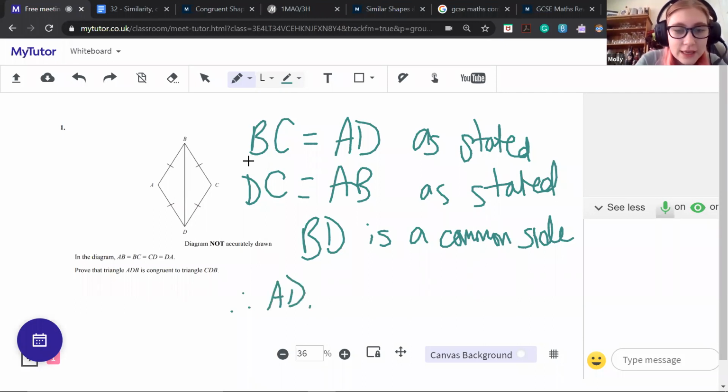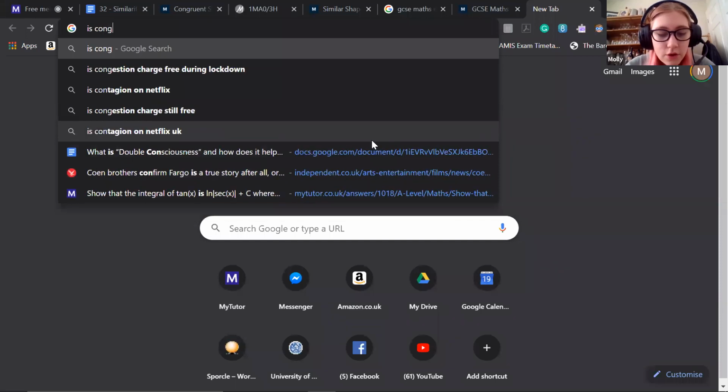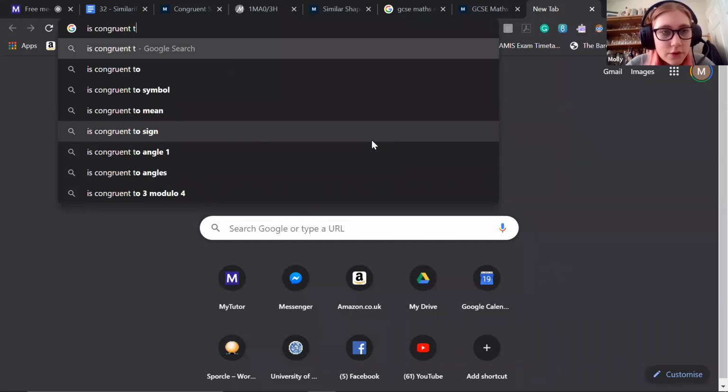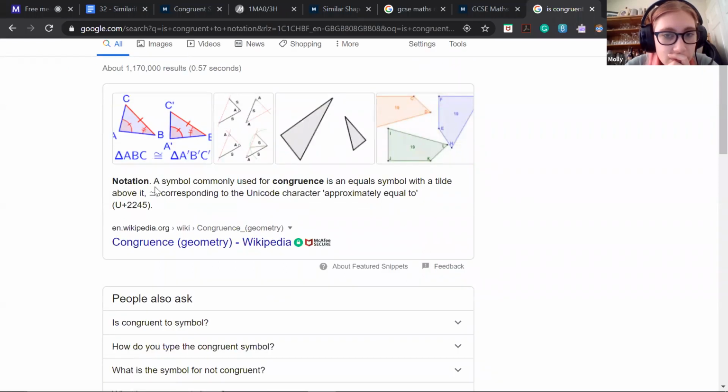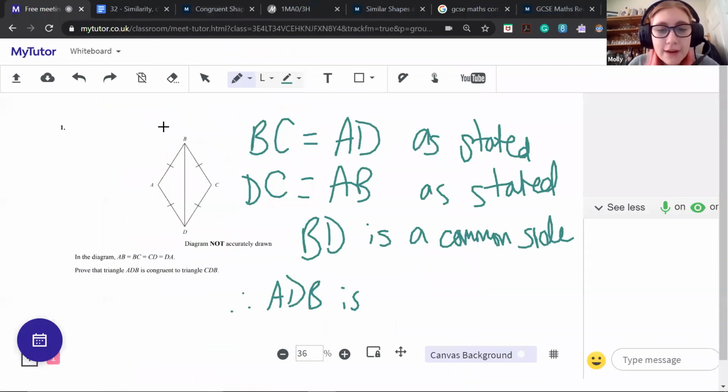ADB is congruent to, oh, I wonder if there's some quick notation for is congruent to. Oh, okay, we can use the same, okay, there you go. So apparently if we write this, basically this is just me being even more lazy, just proving that I'm a mathematician.